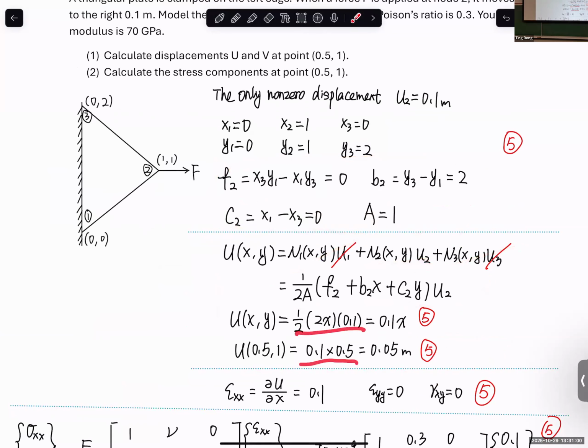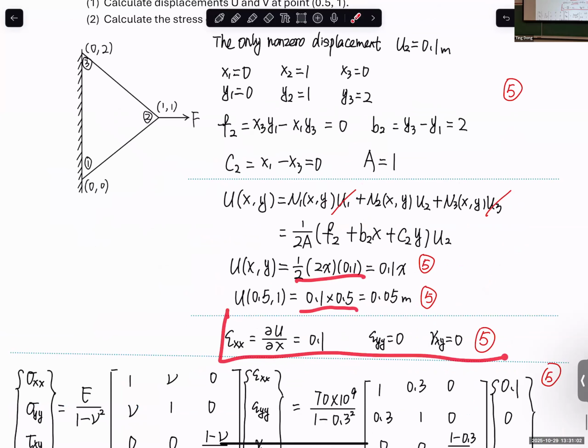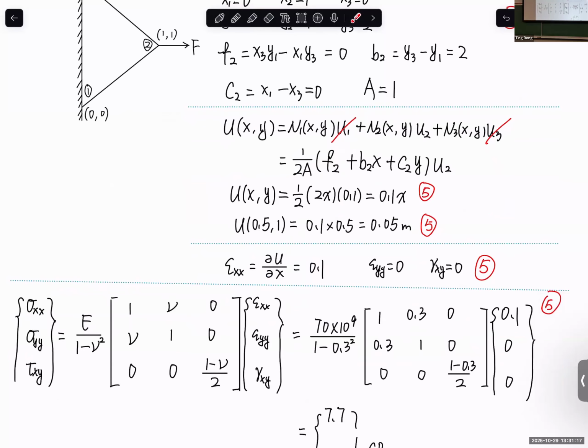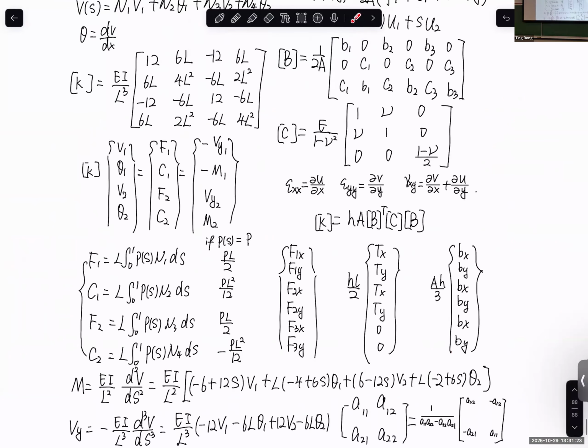And for the interpolation part, and for the strain part, as I said, there are two different methods. You can use the B matrix times the degree of freedom Q, and Q is the whole vector: U1, V1, U2, V2, U3, V3, all the others are 0. Only non-zero is U2 equal to 0.1. You can use that method, but I think it's easier because we already have the expression here, and I added the strain definition here.